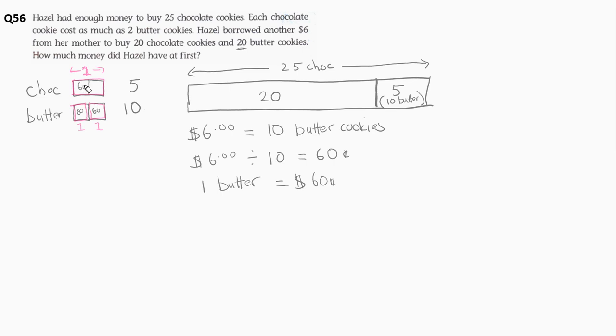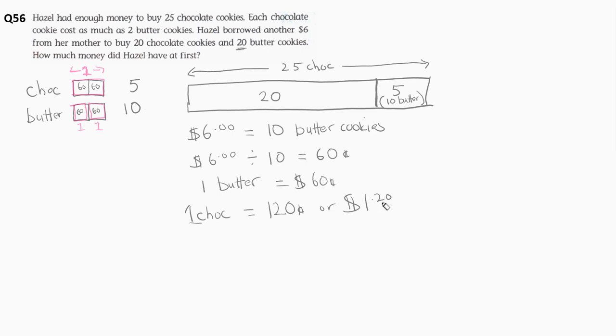Well, this is 60 and this is 60, and we can see that one chocolate cookie is 2 of these. What's 60 plus 60? Well, that's 120. So one chocolate cookie is 120 cents, or $1.20. Or if you wanted to imagine that these were pounds, you could say £1.20.